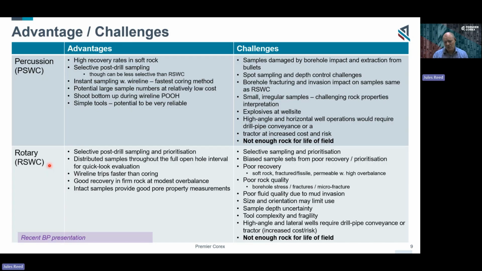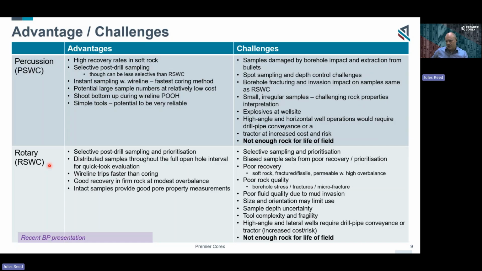They tend to be just the 1 inch diameter, so they are small. The samples then tend to be irregular shaped because it's not actually acquired by cutting, it's by firing the bullet into the rock formation. And so that can be challenging for rock property interpretation.